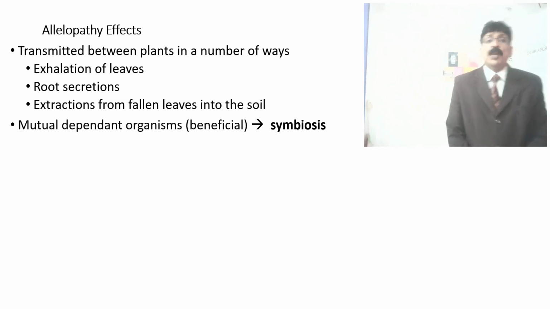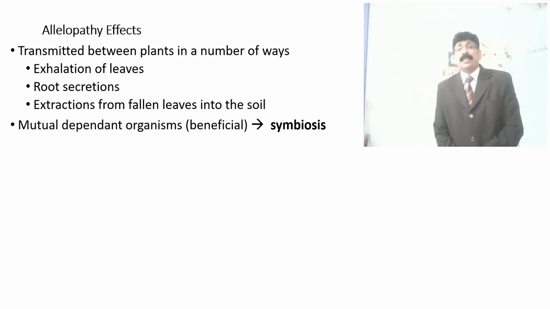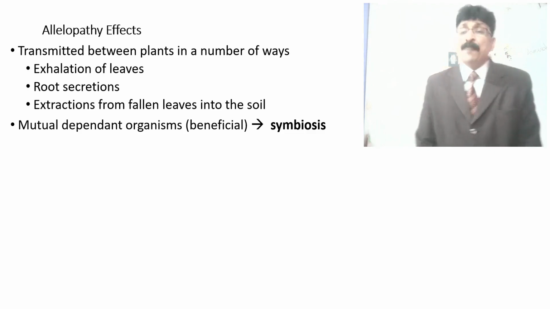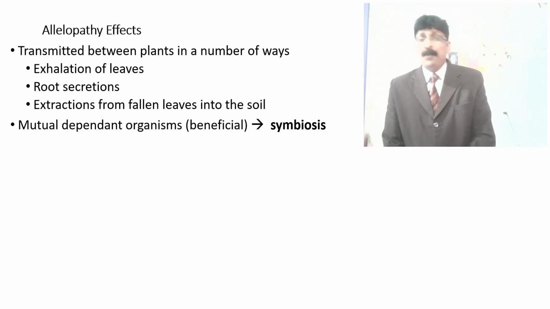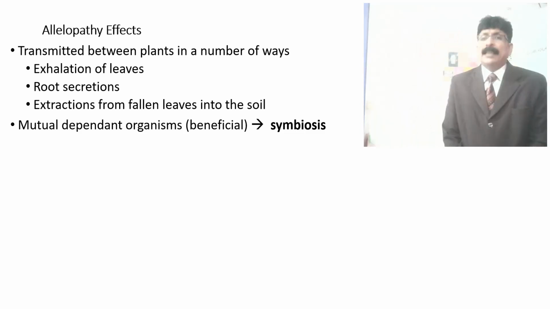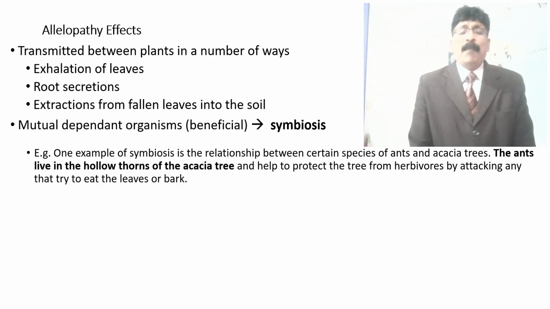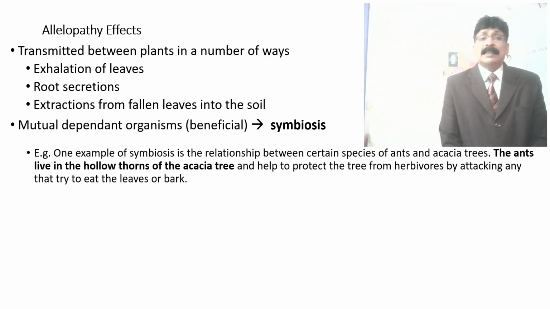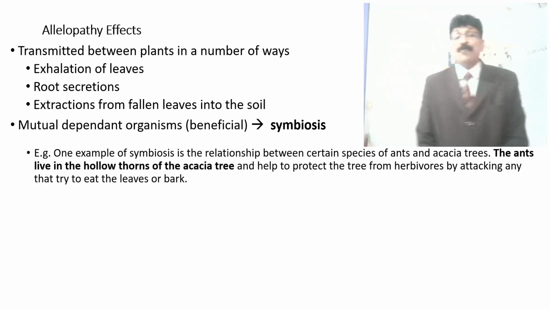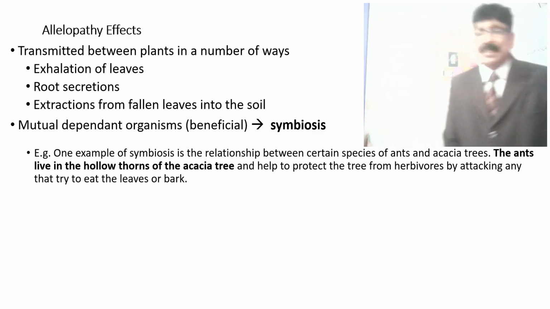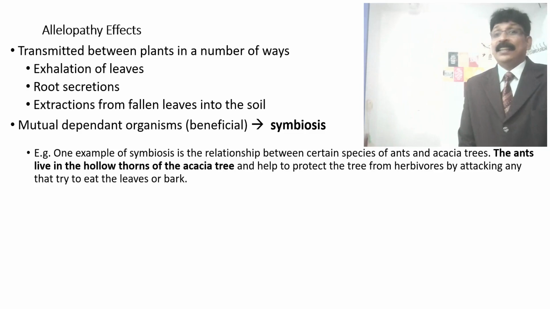Mutual development where organisms benefit is called symbiosis. Symbiosis means something is benefited if A and B are together. If A is benefited by B or B is benefited by A, then it is symbiosis. One example of symbiosis is the relationship between certain species of ants and acacia trees.